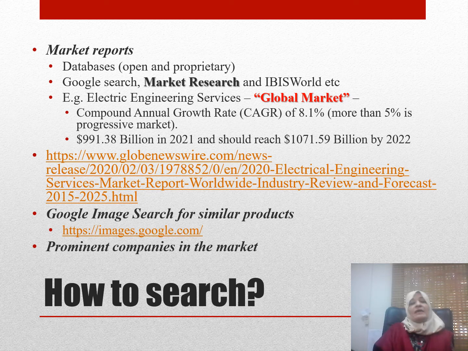This information would be available to you through these databases, whether open or proprietary. You can start simply with a Google search, or use open or proprietary databases that include market research or IBISWorld. What do you need to do? You need to look up the global market related to your invention. Let's suppose we are looking at the global market related to electrical engineering services.